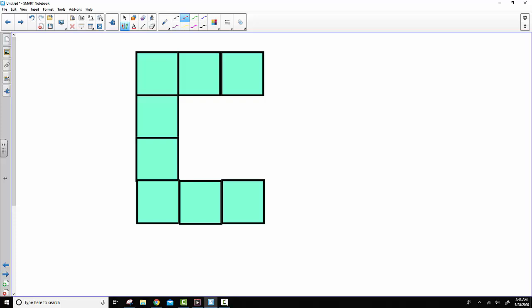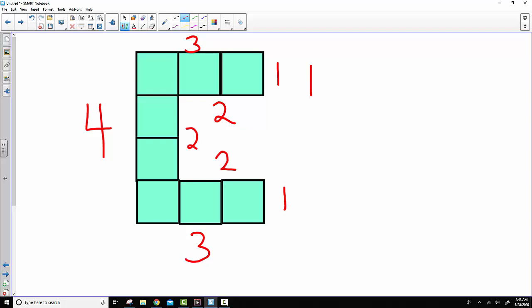Let's go back to an unusual shape and find the perimeter. Again, on the left-hand side, we can see 4 units. Along the bottom and the top, there are 3 units. Each of the outside edges, 1 unit. The interior, we have 2, 2, and 2 on that concave side.